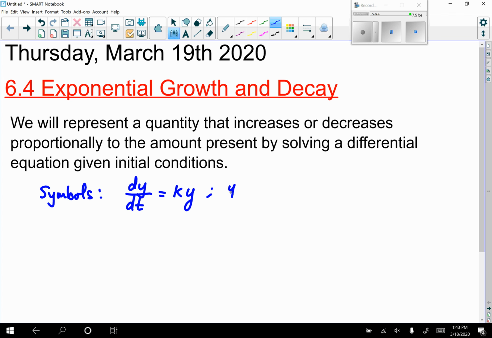Given an initial condition, so y at t equals 0 is going to equal some y sub 0 or y naught here. This is the initial amount. This whole equation here is our initial condition.